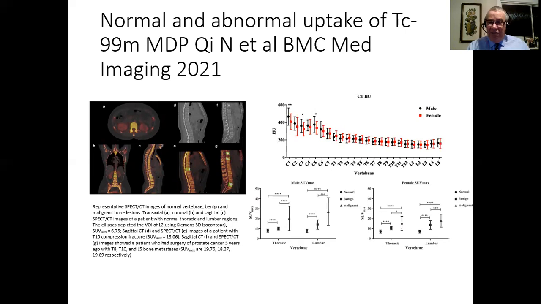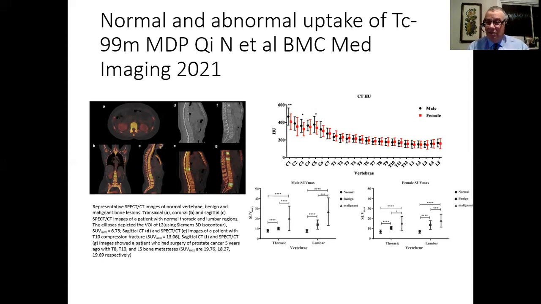And there's a couple of things they found. They found that the uptake of MDP in men was slightly higher in the cervical spine, but slightly higher in females in the thoracic and lumbar spine. So men have more uptake in their neck. So maybe women are right when they say that men are more of a pain in the neck because they've got more bone turnover.